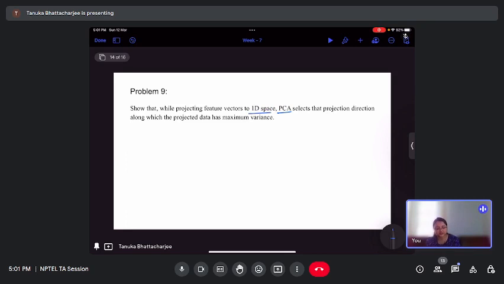You have to show that the projection direction along which the projected data has maximum variance is selected by PCA. So, let us say we have our data set x1, x2 to xn. This is our data set that we have. We are using PCA to project these data to the 1D space.